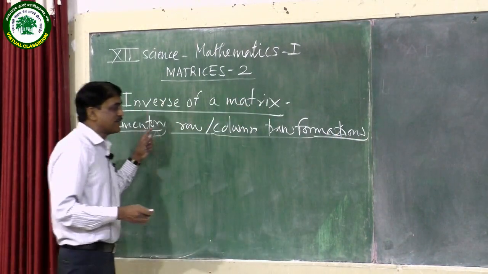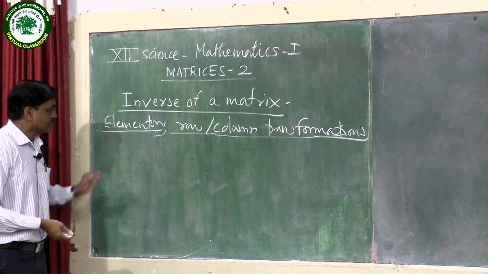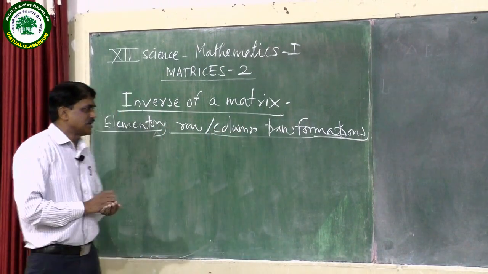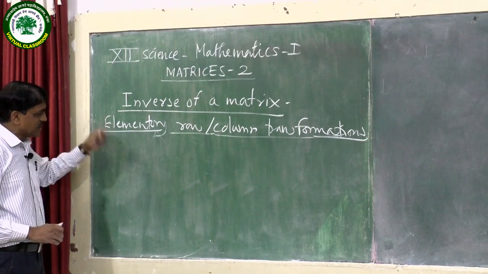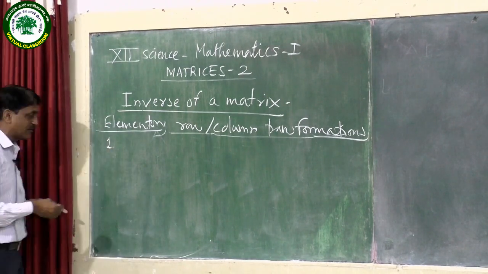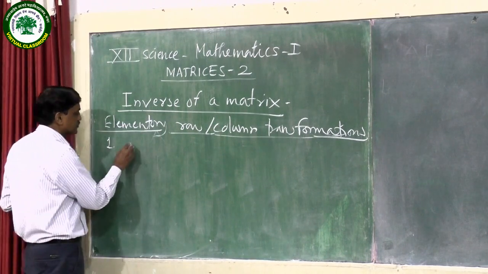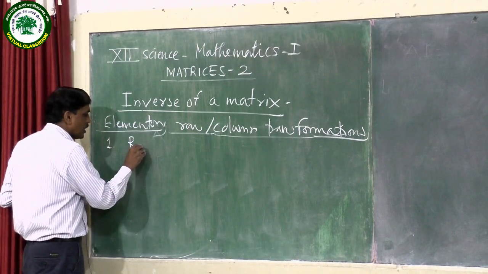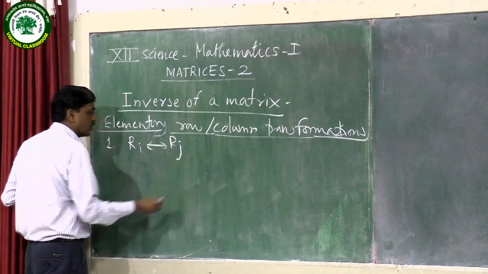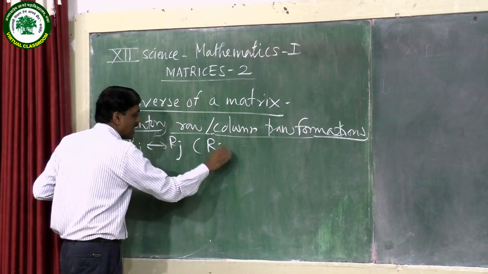See, this is one more point we have learned in the last lecture, how to perform elementary row or column transformations. There are 3 row transformations like this. The first one, I am recalling it, I am revising it, is Ri to Rj, or you can write it as Rij.